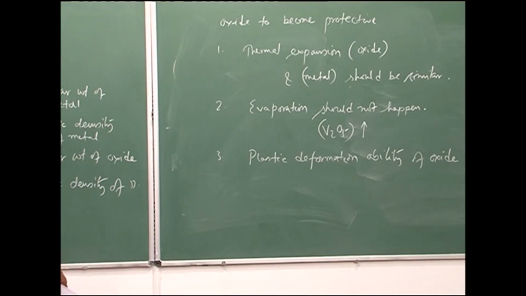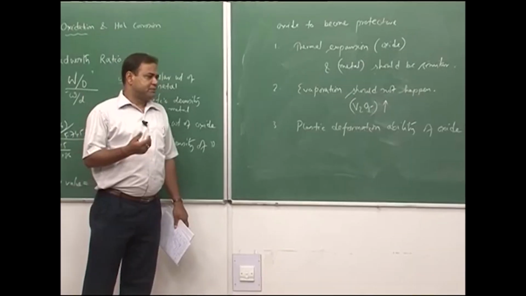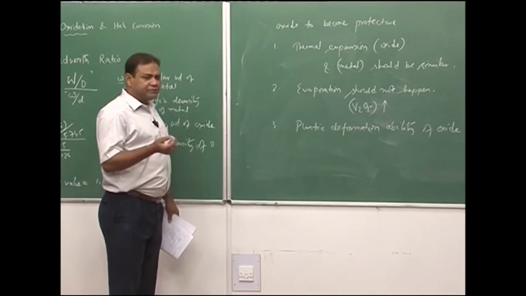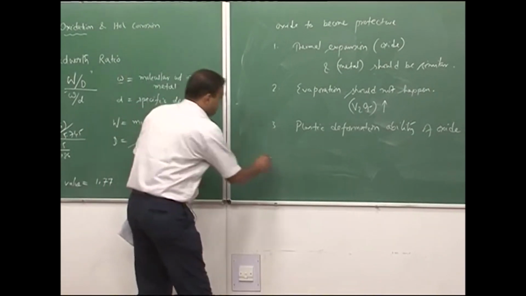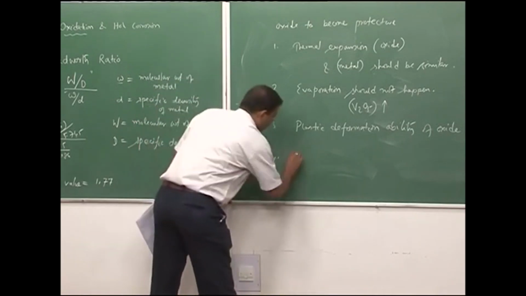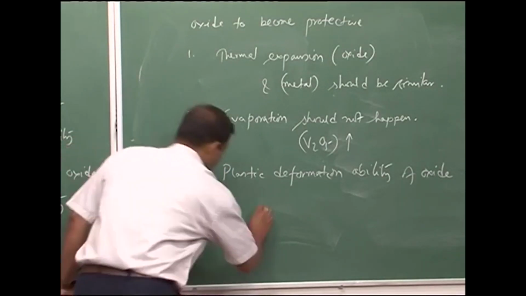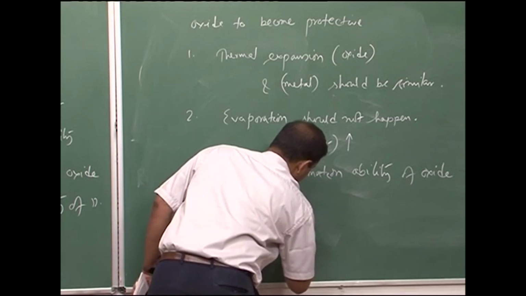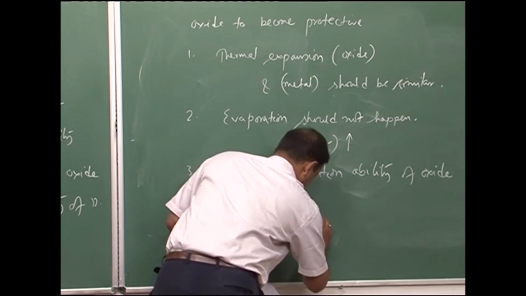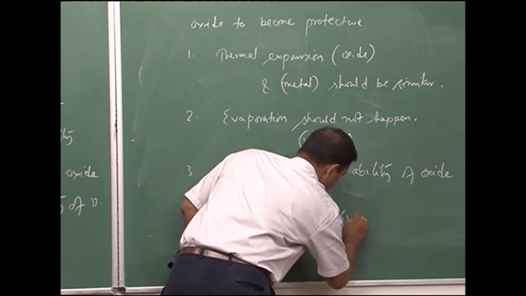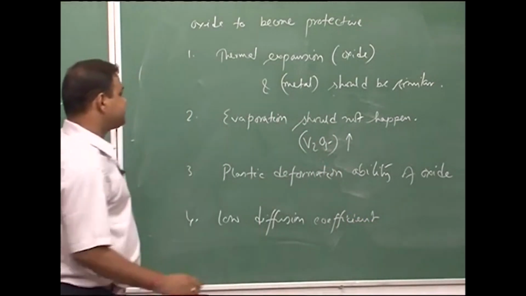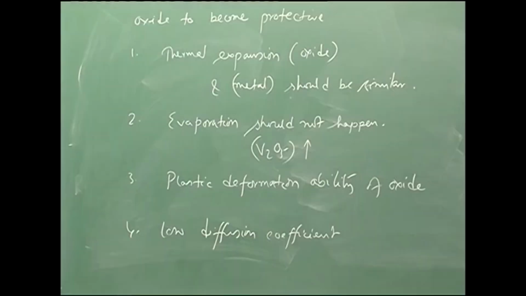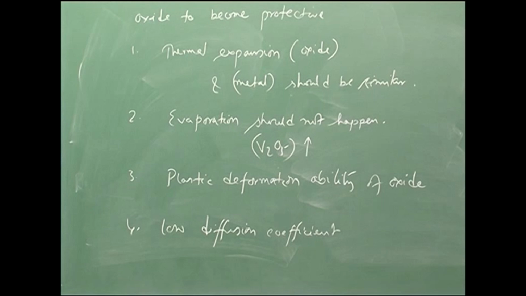So, if we can make the oxide very stable as well as impervious, or if it has a low diffusion coefficient for the metal ion species or the oxygen ion species through the oxide, then the oxide is generally thought of as having a very good protection ability.